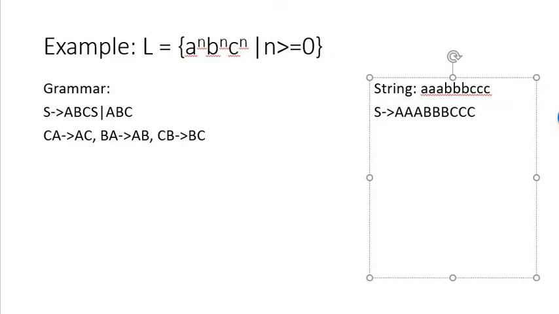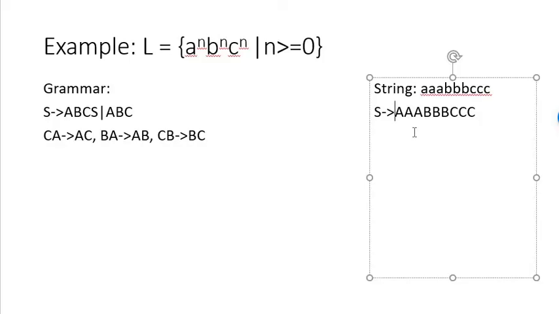To understand the logic, first of all, what should I do? यहाँ पर हम देख सकते हैं ये ऑर्डर मैटर करता है. A के बाद ही B जनरेट होना चाहिए और B के बाद ही C जनरेट होना चाहिए. तो इस ऑर्डर को प्रिजर्व करने के लिए मैं क्या करता हूँ?